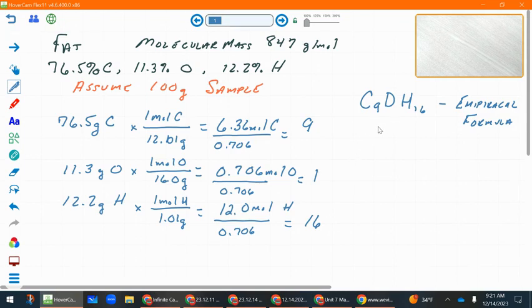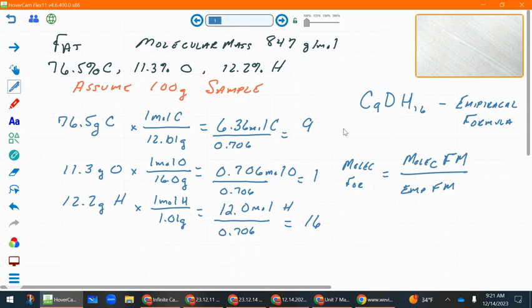We've got this empirical formula. To find the molecular formula, we take the molecular formula mass divided by the empirical formula mass.